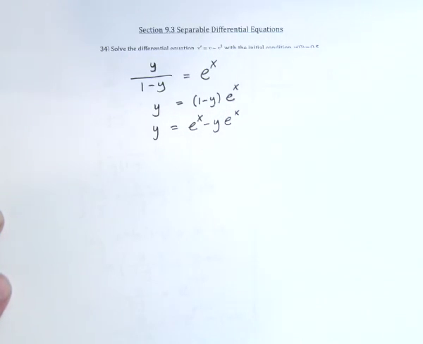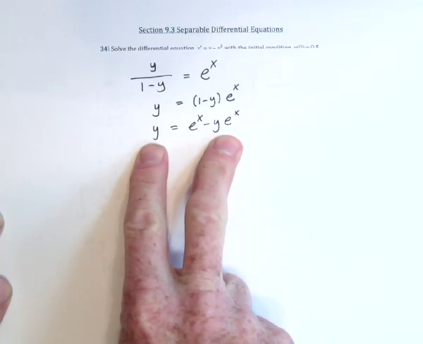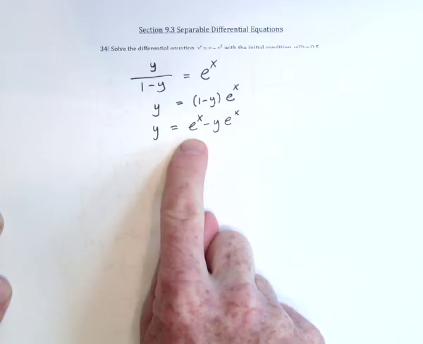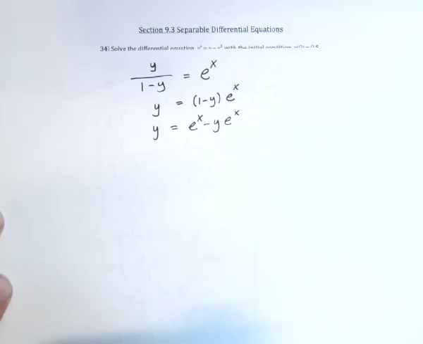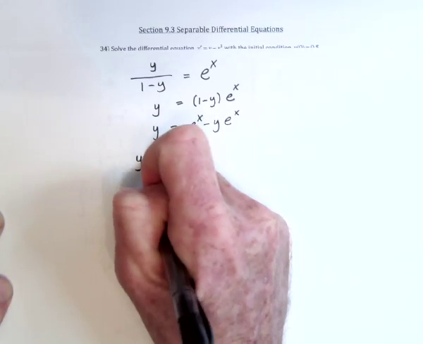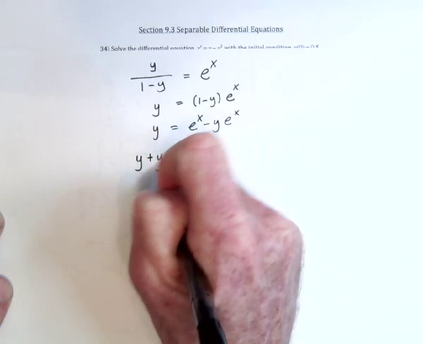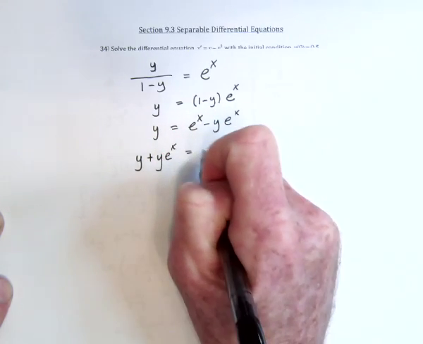Oh yes, and then those things that have y, put them on one side. Anything that doesn't have y, leave it on the other side. So this gets moved to the other side. We'll have y plus y e to the x equals e to the x.